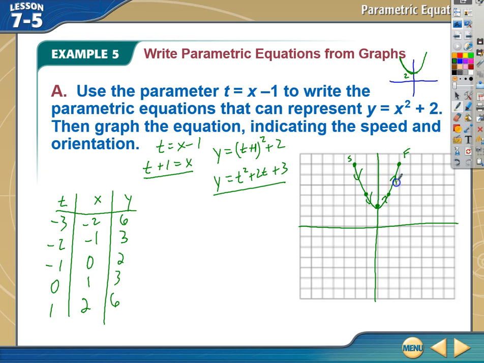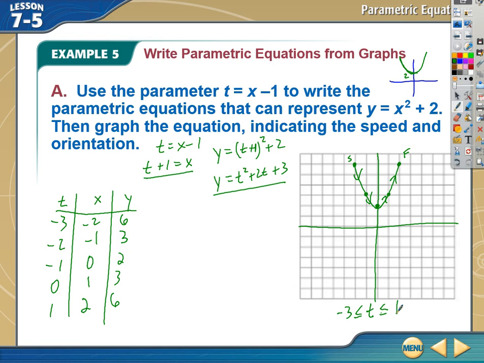And when they say indicate speed, how long did it take you to go from the beginning to the end? So how many t's did it take me? My t started at -3, ended at 1. That took, quote unquote, 4 seconds to go through there.